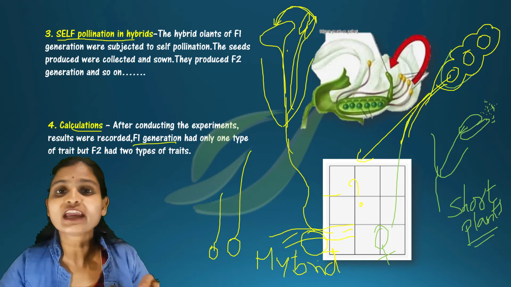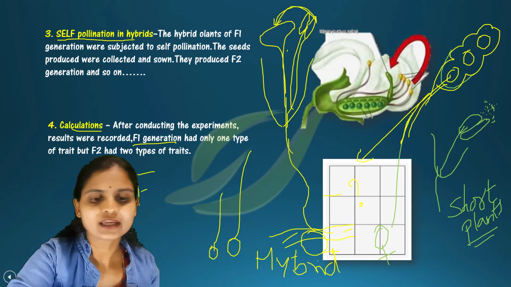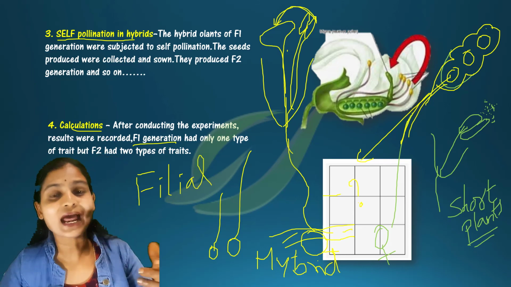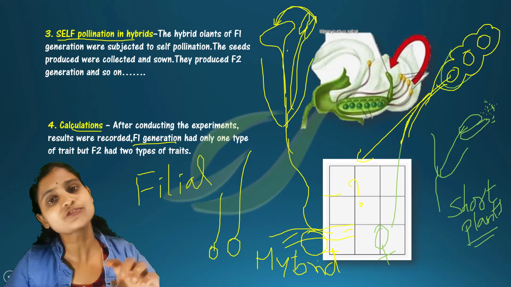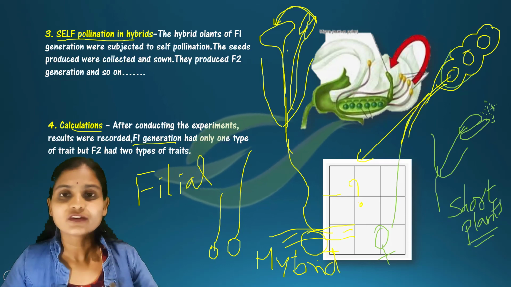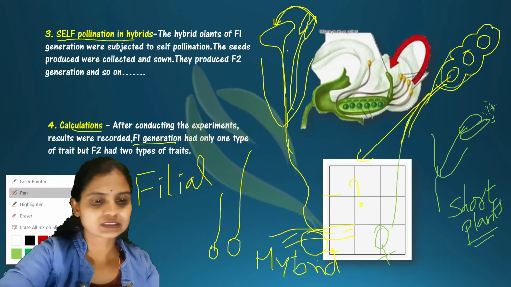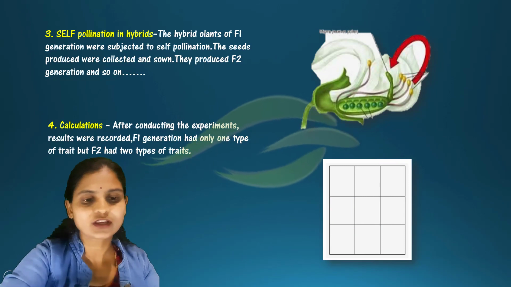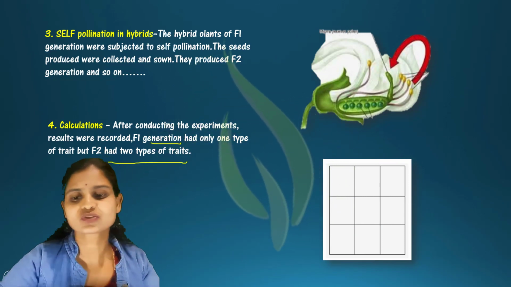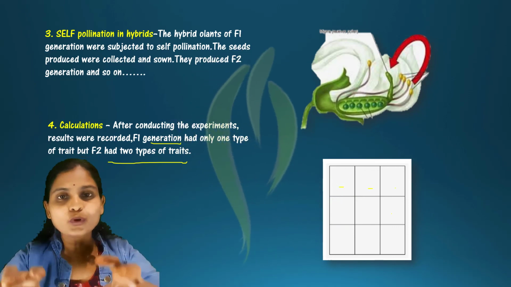F means filial, F-I-L-I-A-L, from Latin. The meaning of filial is first generation. Whatever results he got in the first generation and in the second generation, all those calculations he wrote in this box, which is called a Punnett square.